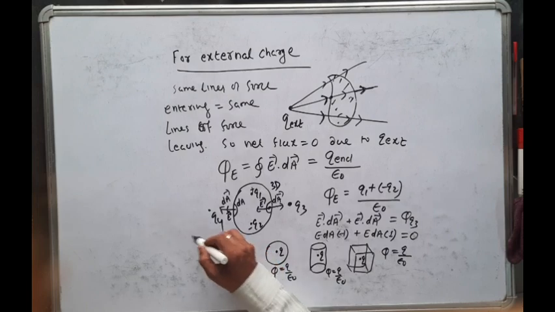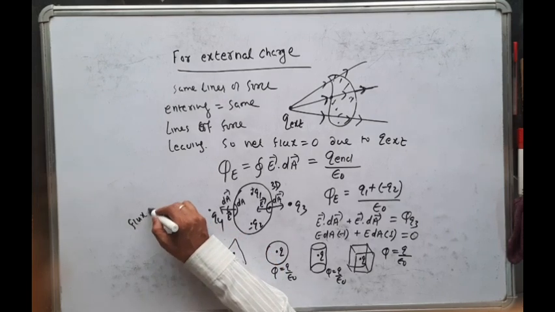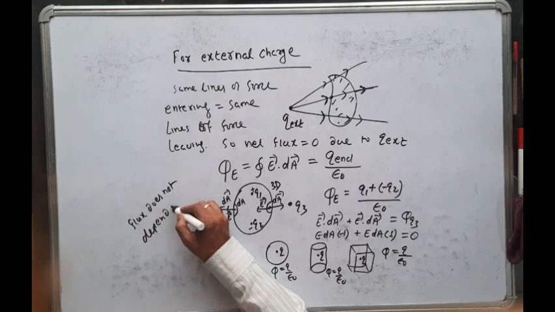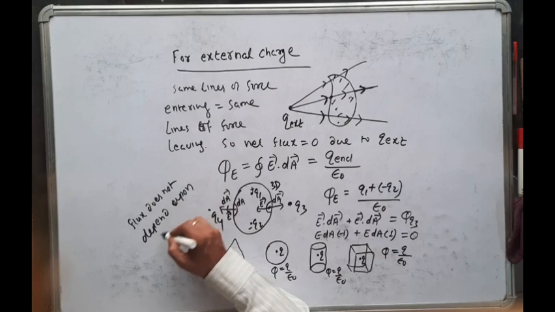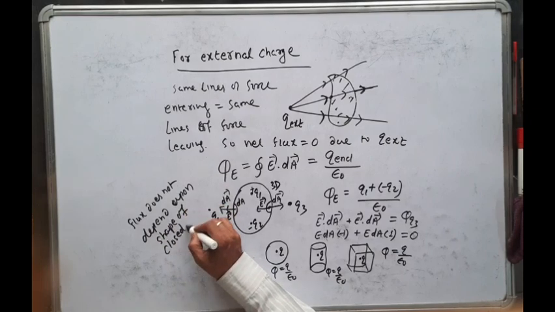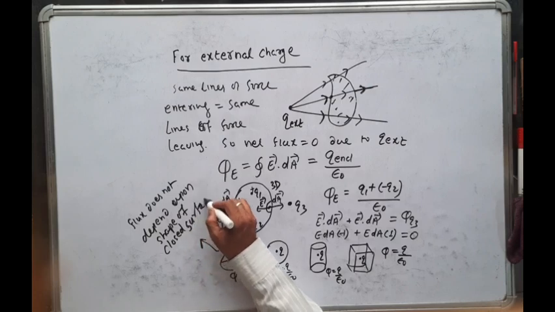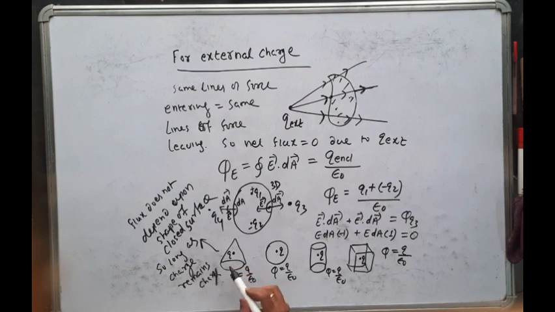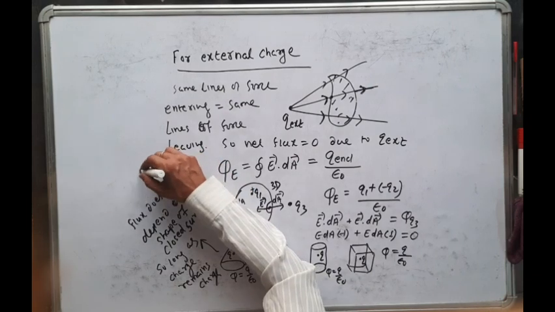So what is the conclusion? The conclusion is that flux does not depend upon the shape of the closed surface, so long as the charge remains the same.